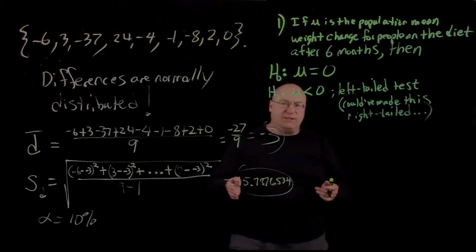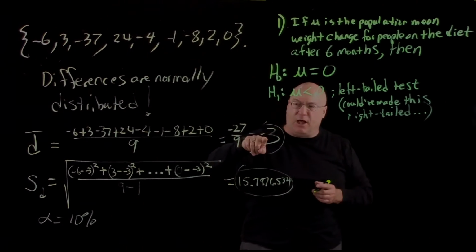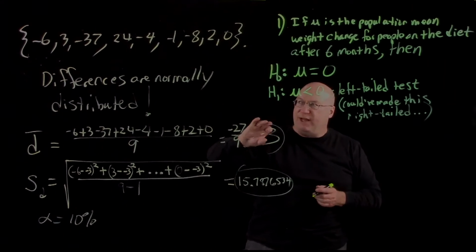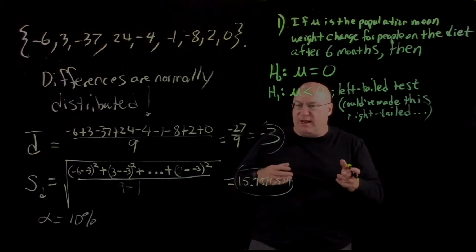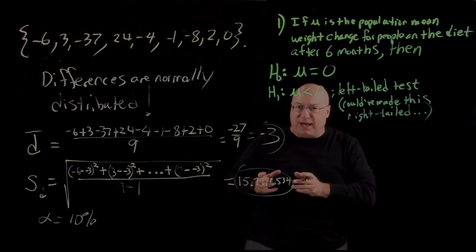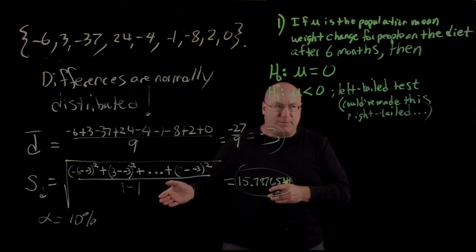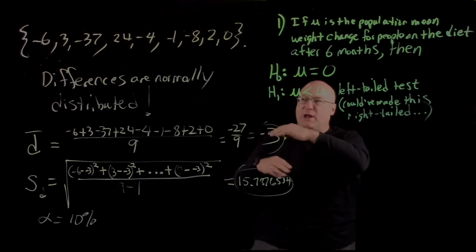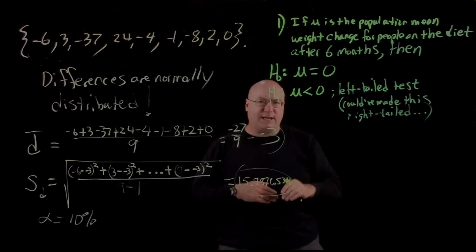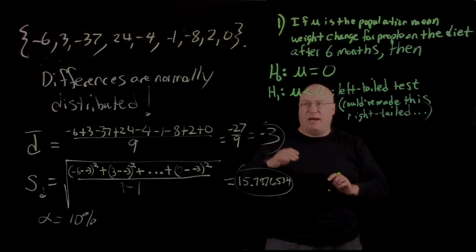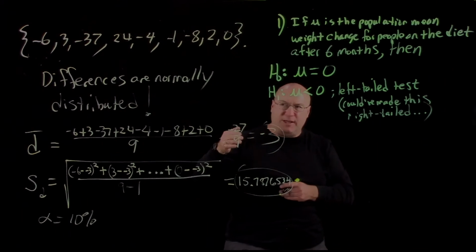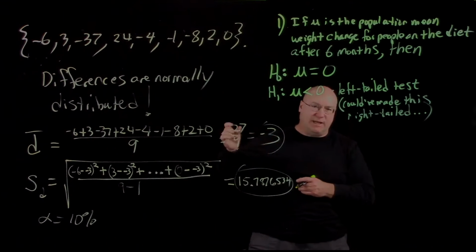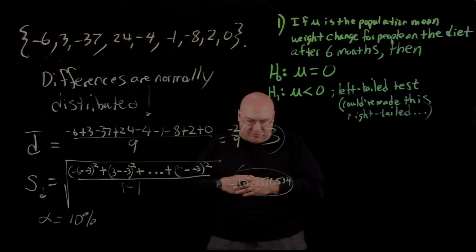And all that would be saying is, hey, it looks like the mean loss was 3 pounds. If I get a positive 3 the other way, the mean difference is a positive 3, which again would mean a loss of 3 pounds. So I could have subtracted it the other way and done a right-tailed test. But I pick it one way, and to me the most obvious way is after minus before, and then you see in each case, did I lose weight? Did my difference become negative? Okay.